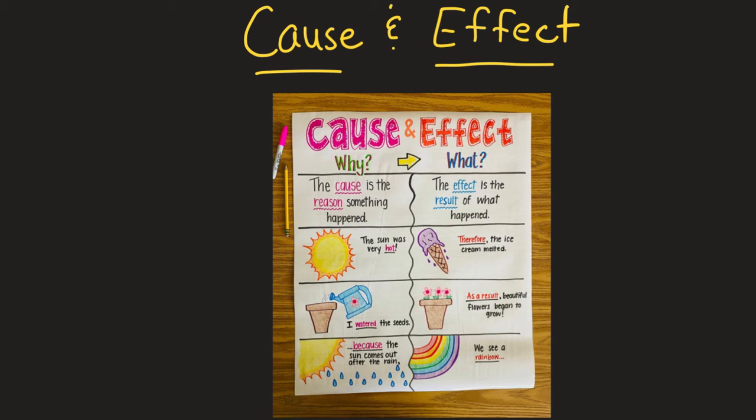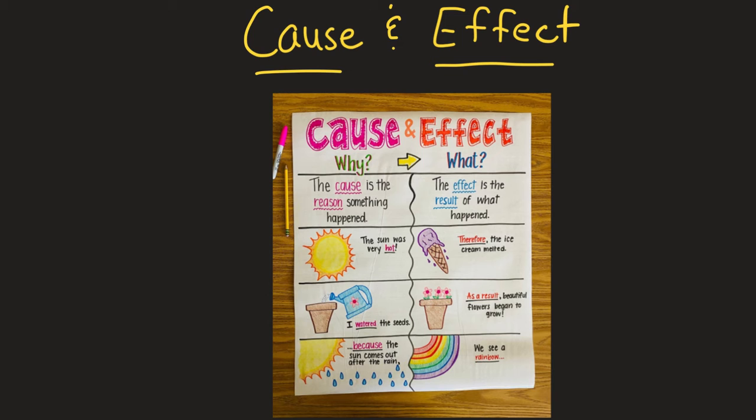Let's take, for example, the sun being really hot outside. When that happens, what is the effect? What happens next? Well, one example would be that some ice cream starts to melt. The reason or the cause for ice cream melting is the sun being really hot, right?